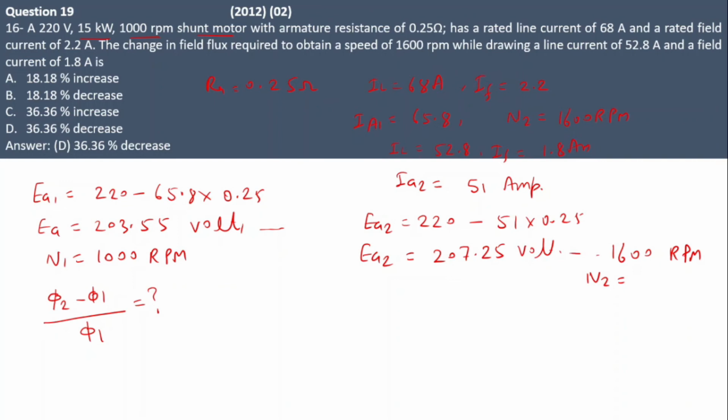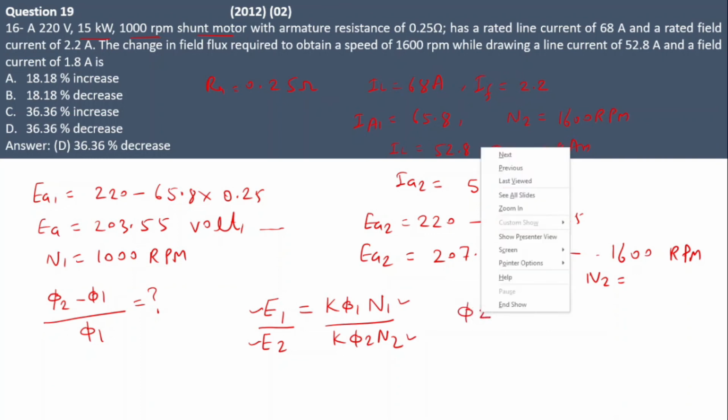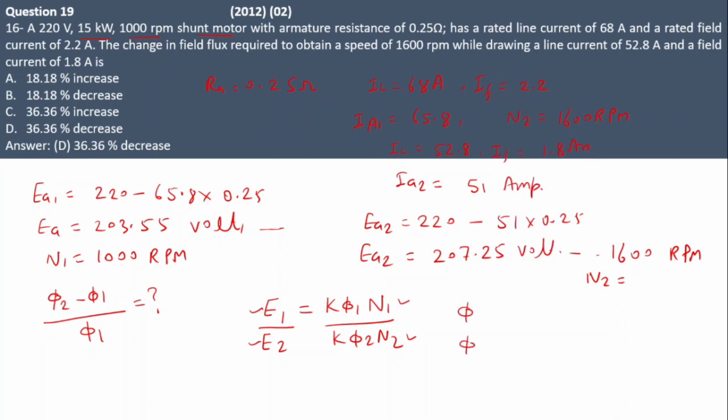So now flux is varying, so you can say E1 equal to K phi1 N1 divided by E2 equal to K phi2 N2. So after solving this, you put the values E1, E2, N1, N2, and you will get the ratio of phi2 by phi1 equal to 0.636.